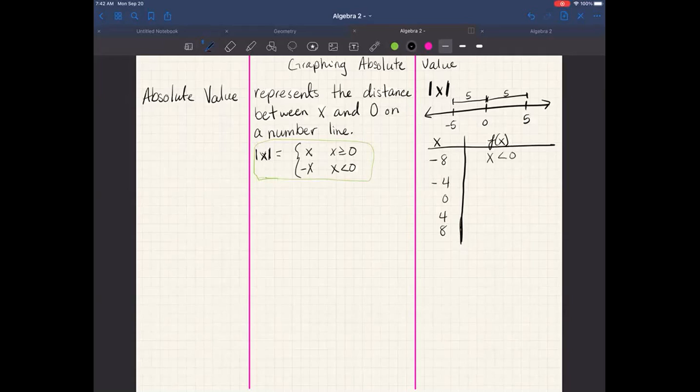And then -4? Negative x? Yeah, so again, the same. Now 0 would get which one? X? No, equal. Well, the one that matches the x. So it meets this requirement that x is greater than or equal to 0. So it would be x's.